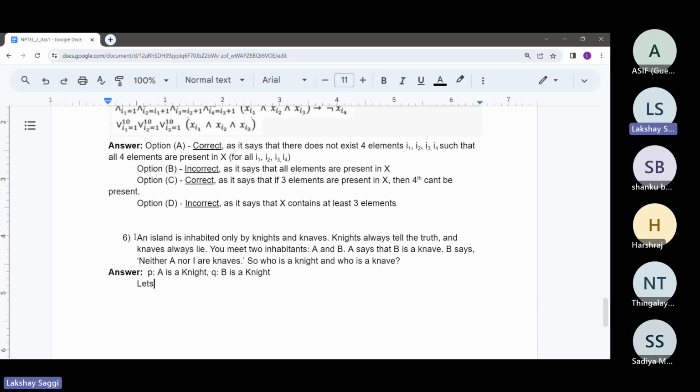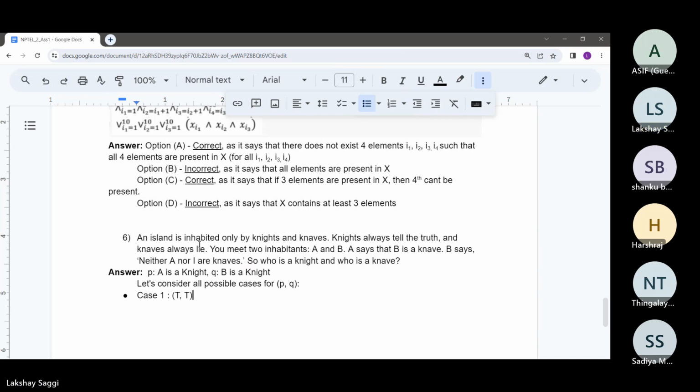Let's consider all possible cases for P, Q. So case one will be when P and Q both are true. This is an ordered pair.